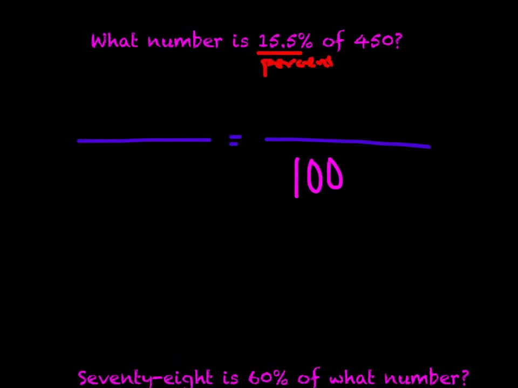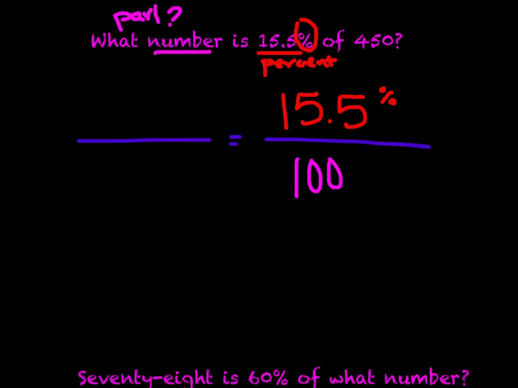It's nice that it has the percent thing there, so we can write 15.5%. And we need to know what number, so that is our part, that is our x, and then our whole is this 450, so we can write whole there.